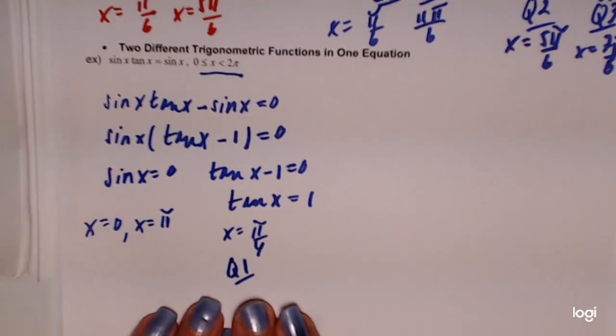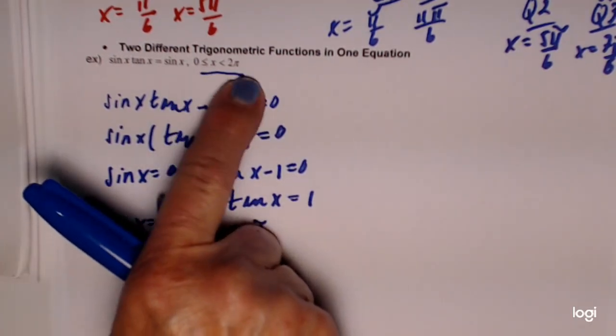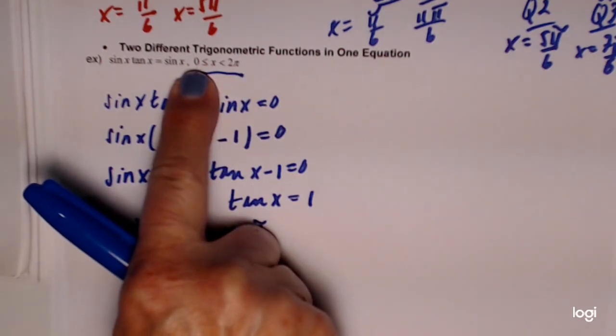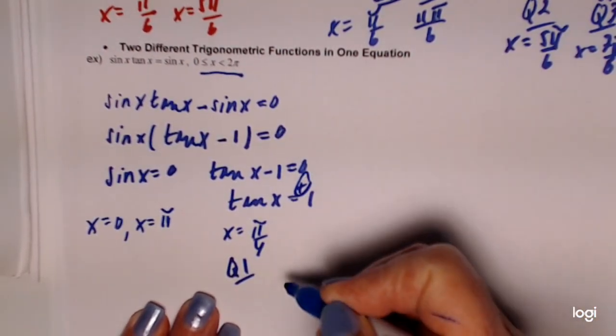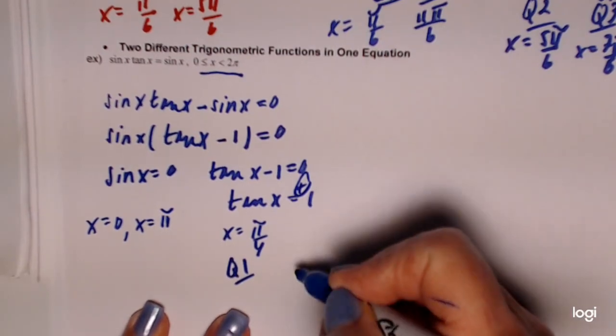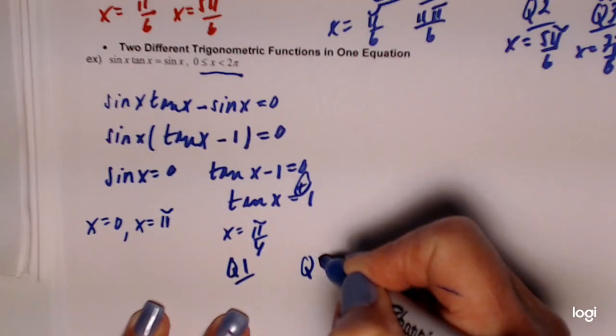What I'm going to suggest here is, because we are looking just between 0 and 2 pi, we're looking in our Q1, Q2, Q3, Q4. We know that tangent is positive. Don't forget this is positive in Q1, and we know that tangent is also positive in Q3.